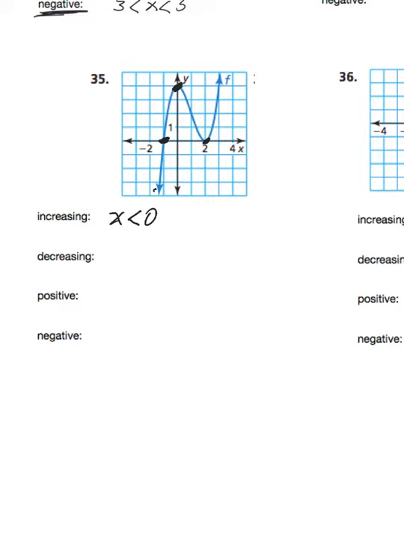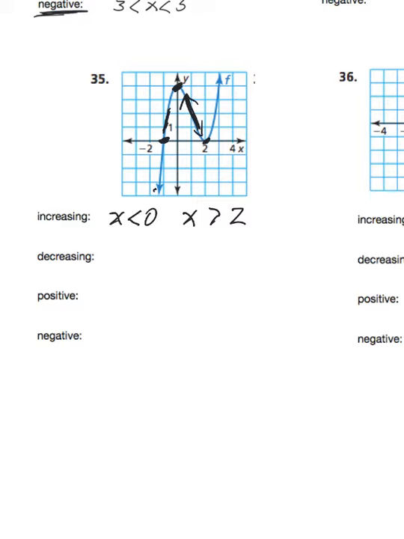So for values of x less than 0, it's increasing. Where else is it increasing? For values of x greater than 2. Where is it decreasing? When x is greater than 0 but less than 2.